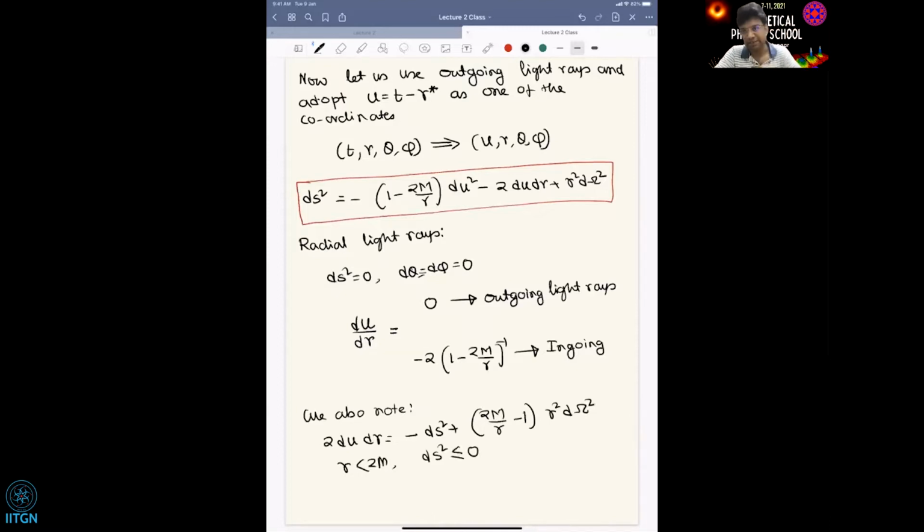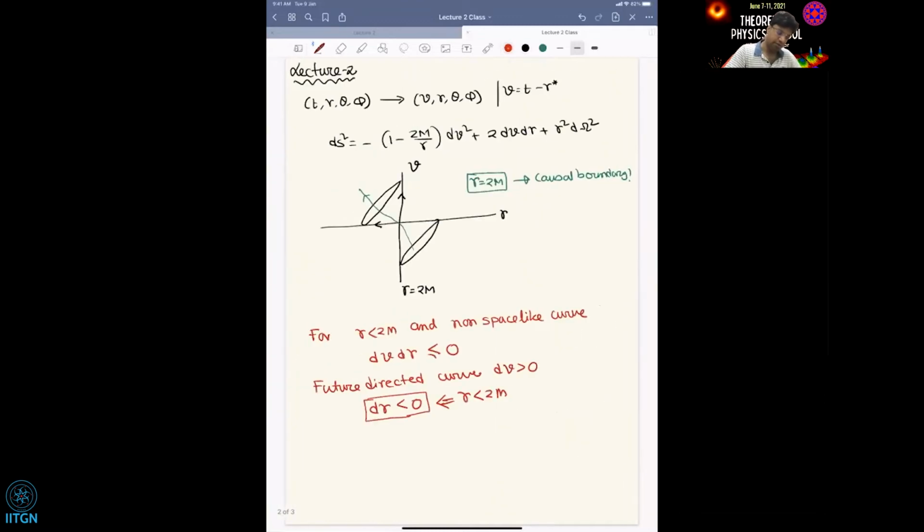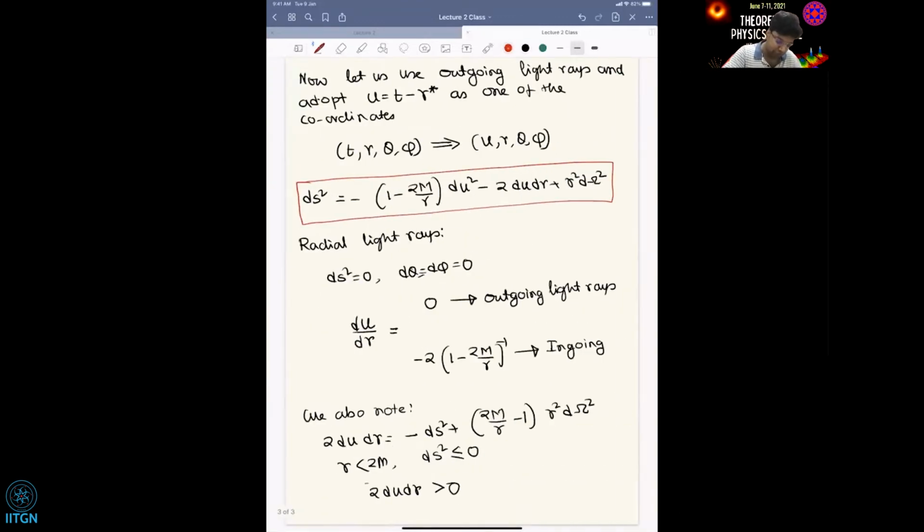Remember, we are using the minus plus plus signature. In our signature, non-space-like curves obey ds squared less than or equal to 0. You will immediately see that 2 du dr must be positive. This is the difference. Earlier 2 dv dr, remember, turned out to be negative. But in this coordinate, 2 du dr is positive.